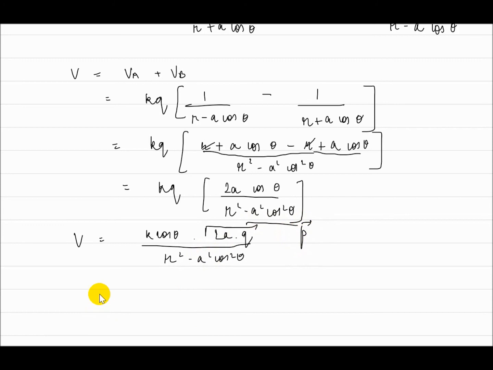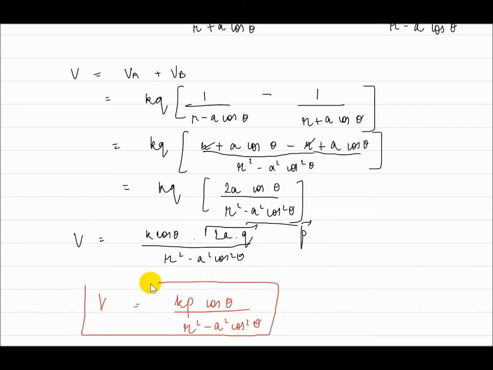So the electric potential becomes k p cos theta upon r square minus a square cos square theta. This is the electric potential due to a dipole at any point. V is the potential, theta is the angle it makes, r is the distance, and a we already know.